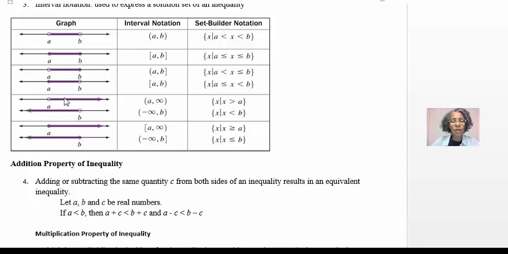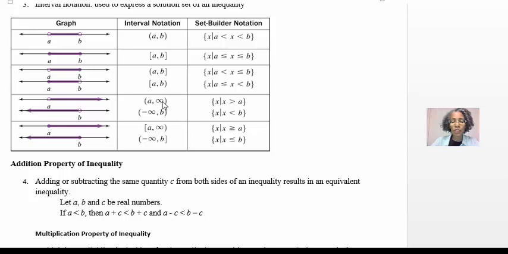Here we have a situation where we're not including the A, but we are including all numbers to the right of A. So we have a parenthesis beside A in the interval notation, and the symbol positive infinity, which is always enclosed with a parenthesis because it is not a number.